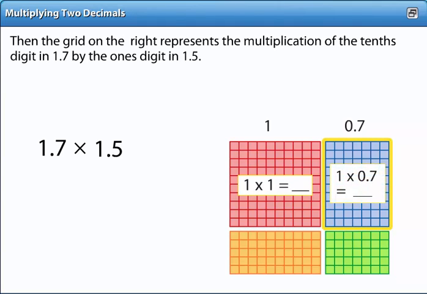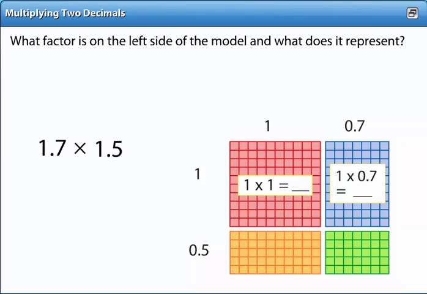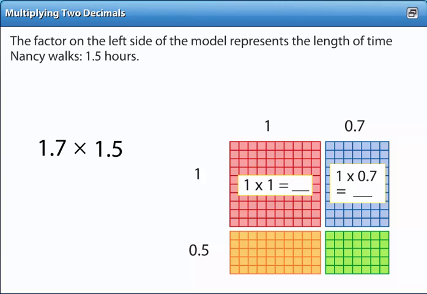Then the grid on the right represents the multiplication of the tenths digit in 1 7/10 by the ones digit in 1 5/10. What factor is on the left side of the model and what does it represent? The factor on the left side of the model represents the length of time Nancy walks, 1 5/10 hours.